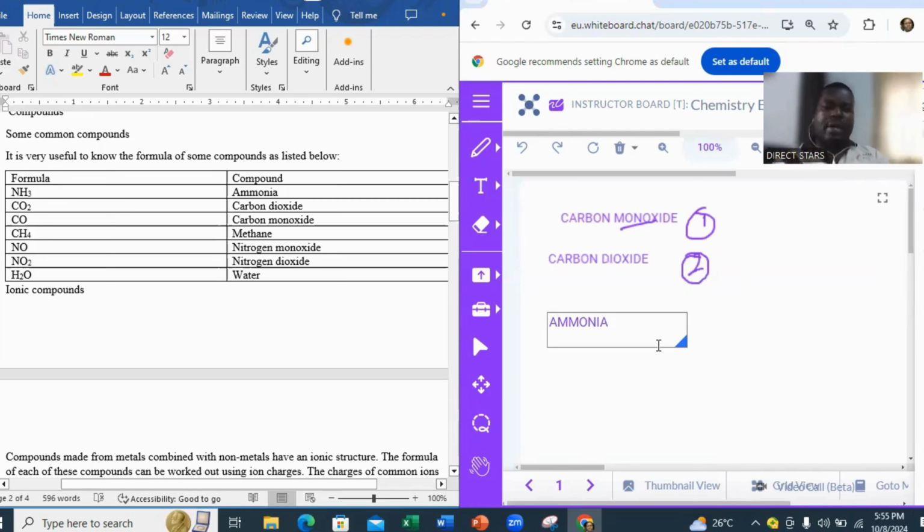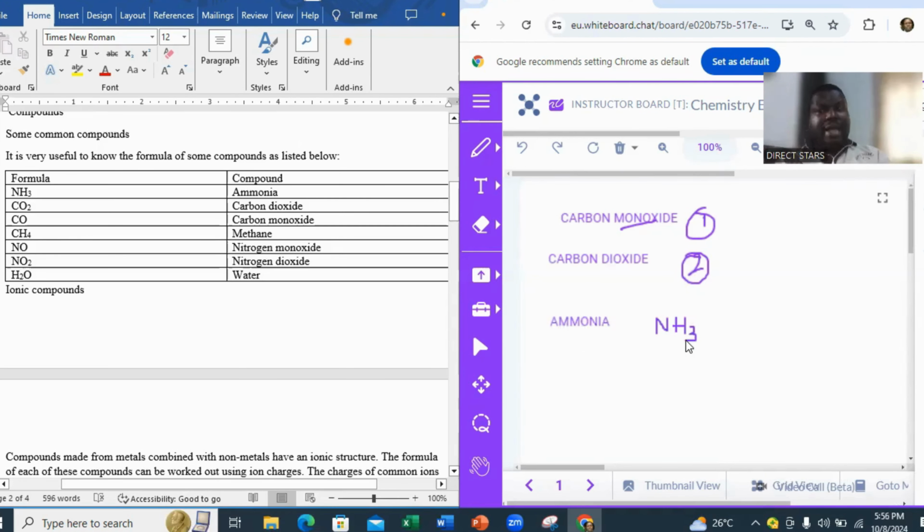What constitutes ammonia? Actually, the formula is NH3. So there is nothing to give a hint or clue of what the name or the formula would be. But you're expected to know some of these compounds. There are very few of them, so it's good you know about them.